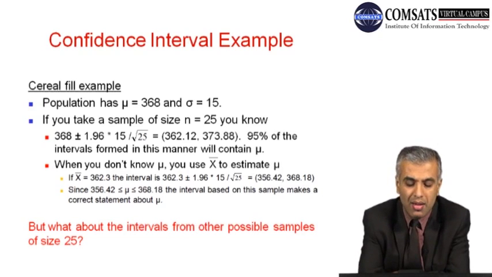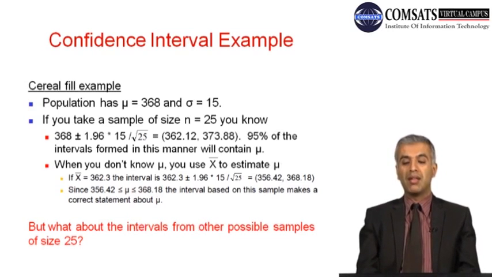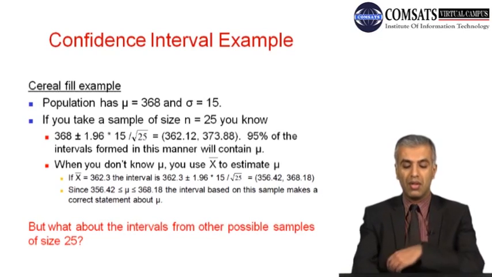Now, since we don't know mu, because we seldom know any information about the population, we have to replace mu with x bar. Here x bar is 362.3.